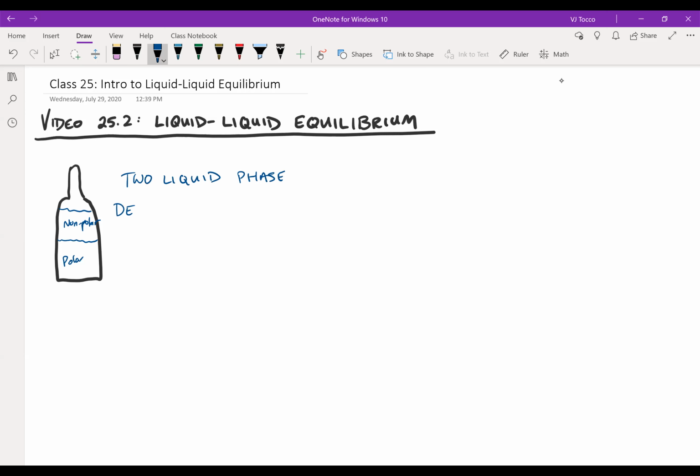So the denser one is always on the bottom. Just like in vapor-liquid equilibrium, we always envision the vapor phase being on top of the liquid phase because obviously the liquid phase is always more dense than the vapor phase. On bottom, and for example, this is a bottle of salad dressing.